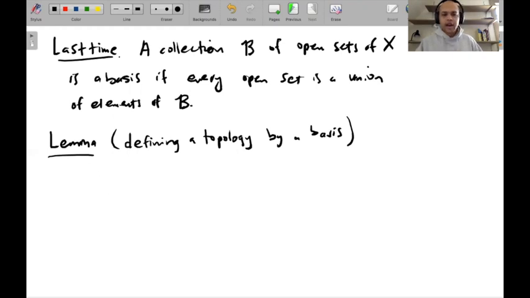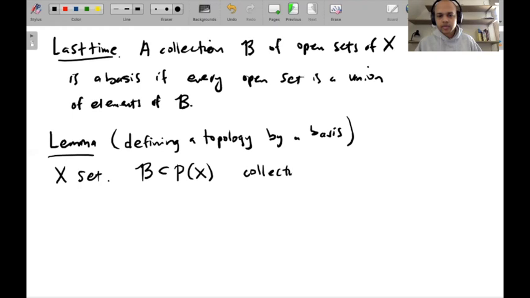So let's take X to be a set that we want to put a topology on. And let's say B is a subset of the power set. So this is a collection of subsets that's eventually going to be the basis for some topology.